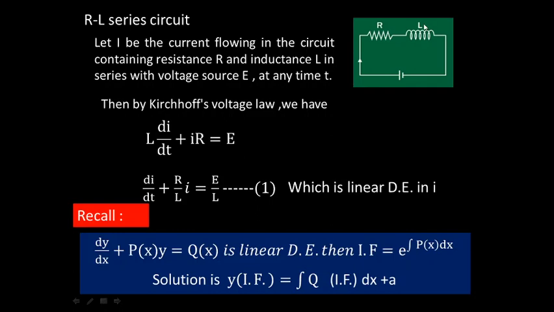The voltage drop across the inductance is given by L di/dt. Adding the voltage drops across these two elements, we have IR + L di/dt = E, the applied voltage. So according to Kirchhoff's voltage law, the sum of the voltage drops across each element is equal to the applied voltage.